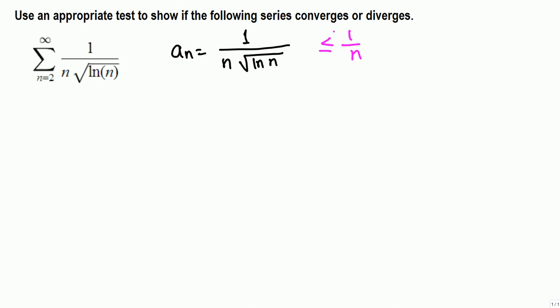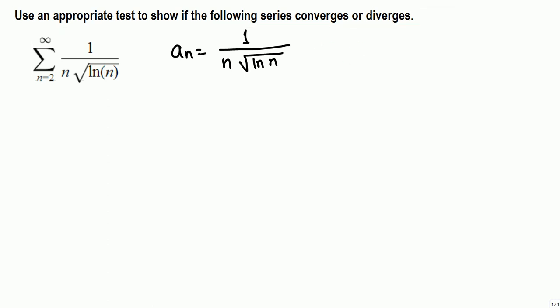Since the series with 1 over n diverges, and this one is smaller, we cannot conclude anything. If this were bigger than 1 over n for large n, then since the harmonic series diverges, we could conclude this would also diverge, but not a chance, because this one is smaller than 1 over n.